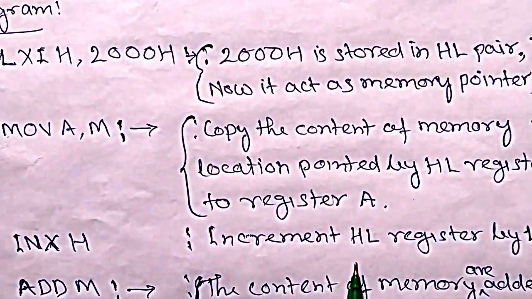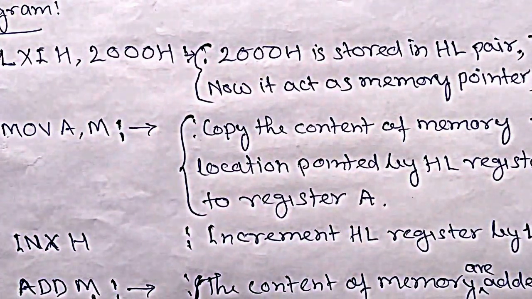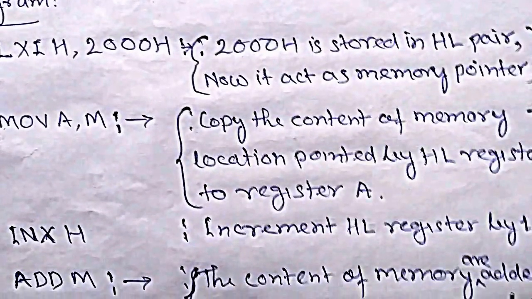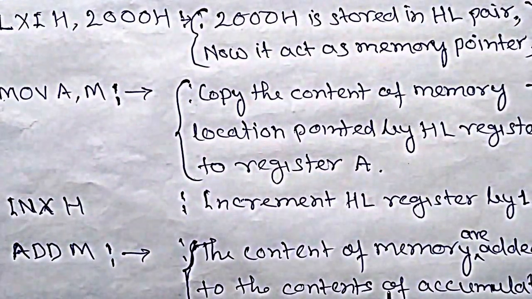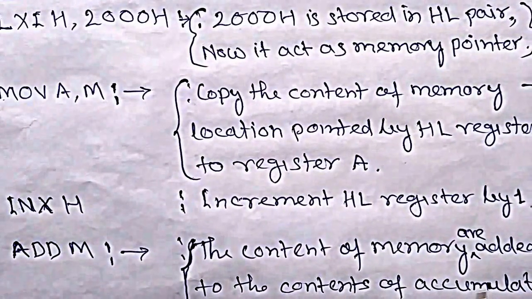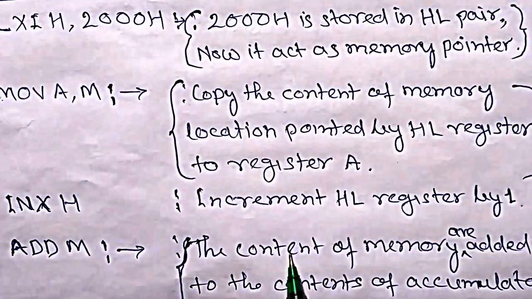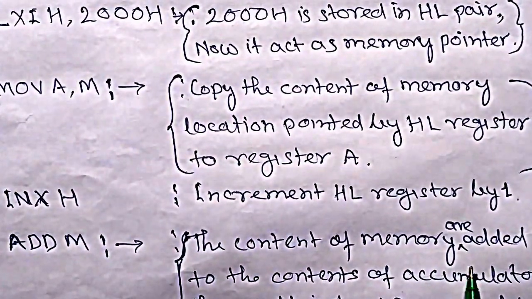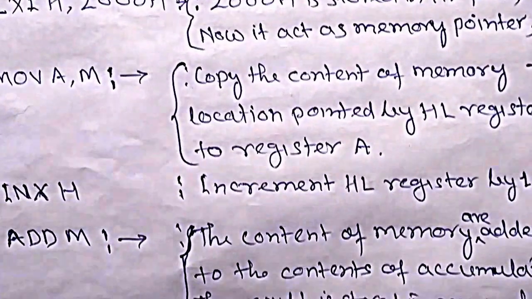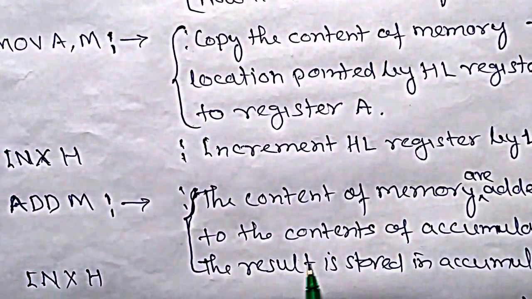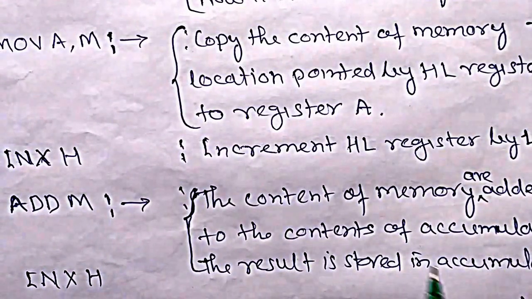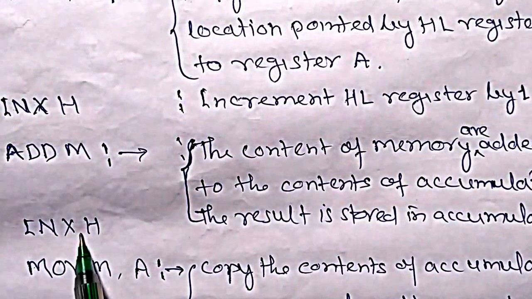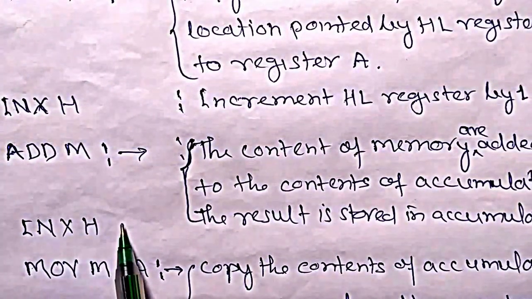So next, ADD M. ADD M means the contents of memory are added to the contents of the accumulator, and the result is stored in the accumulator. Now next is INX H, increment the HL pair register by 1.